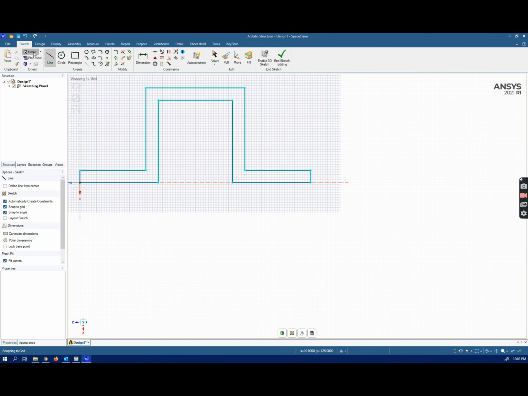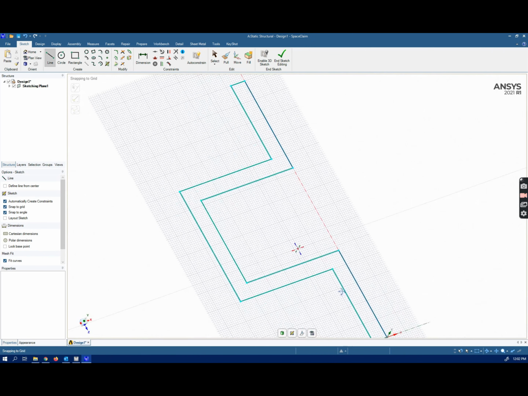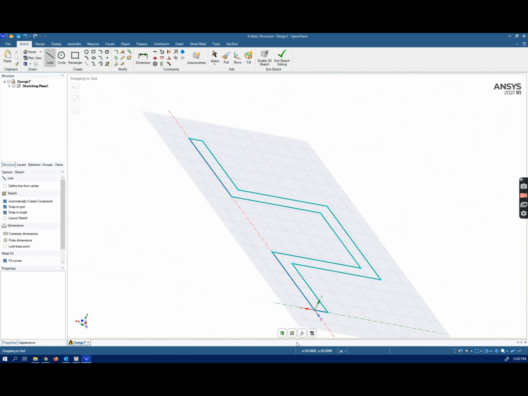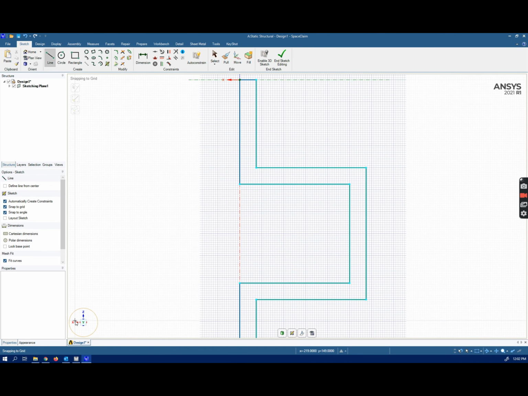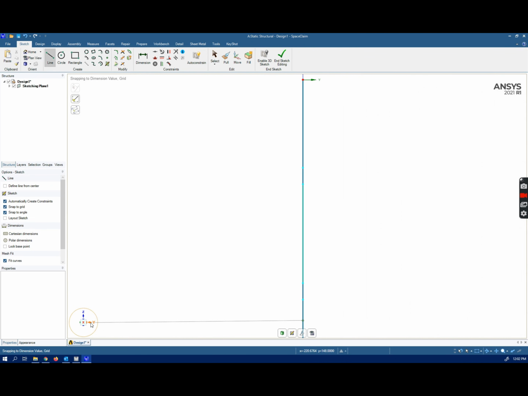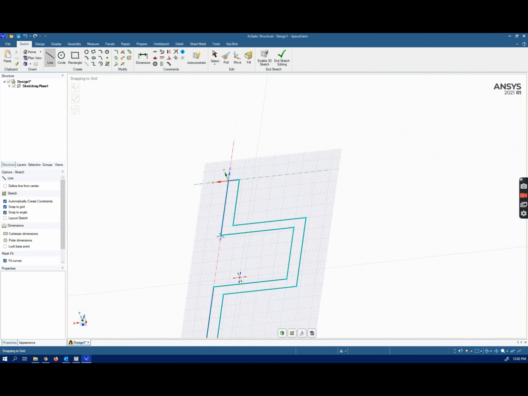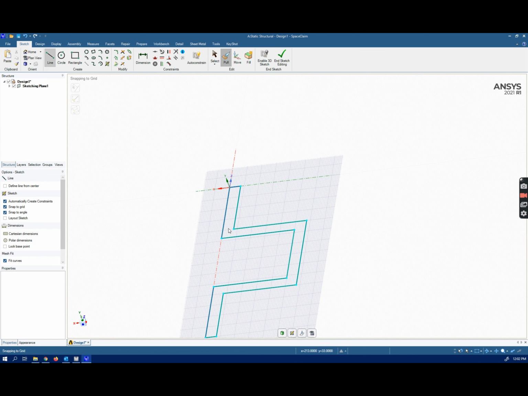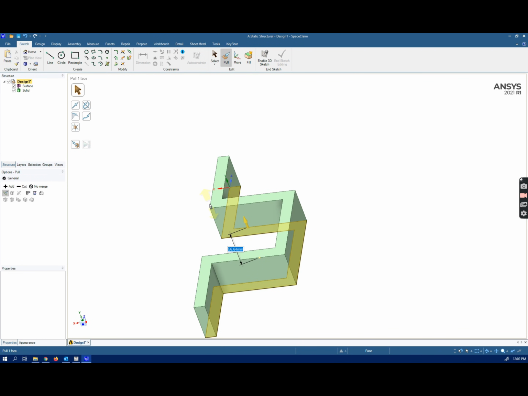To avoid any stress singularity, let's write this shape. Okay, let's fillet some corners. Let me pull it, maybe 60 millimeter.